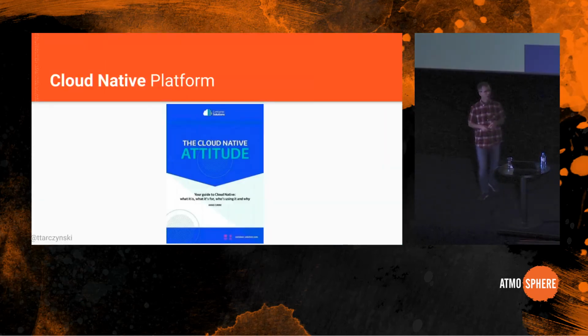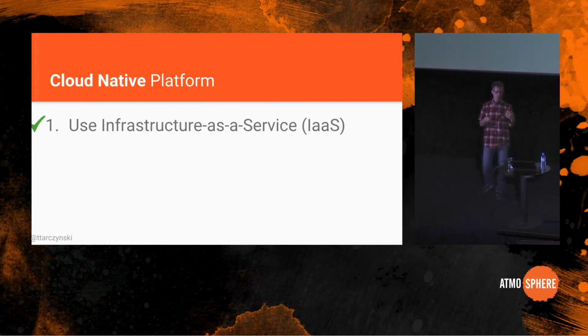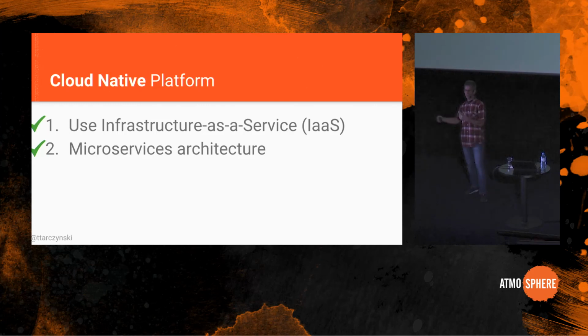And there is another good summary of what goes into cloud native methods of working. There is this book from Anna Curie, who described some of the best practices and lessons they've learned working with different customers. They list just 5 points of what makes a cloud native platform. It is a platform based on infrastructure as a service. Then you need a microservices architecture to work with small pieces of software.